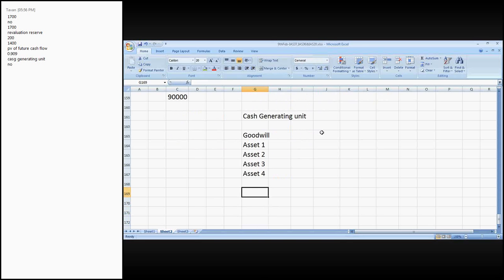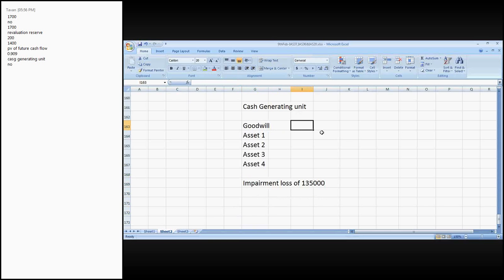Now I've got to know that when I compare the carrying amount of this CGU with the recoverable amount, this CGU has suffered an impairment loss of 135,000. The goodwill amount relating to it was 30,000. Asset 1 was 40,000. Asset 2 was 15,000. Asset 3 was 36,000. Asset 4 was only 14,000.